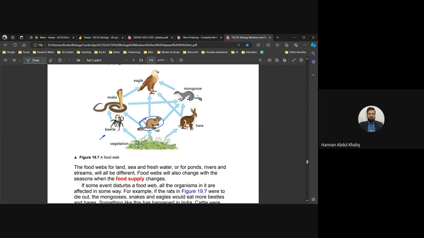If the snake would starve, the eagle would have only two targets left: mongoose and hare. And mongoose is also eating the hare. So it means eagle and mongoose are competing for hare. Then the hare would quickly vanish.